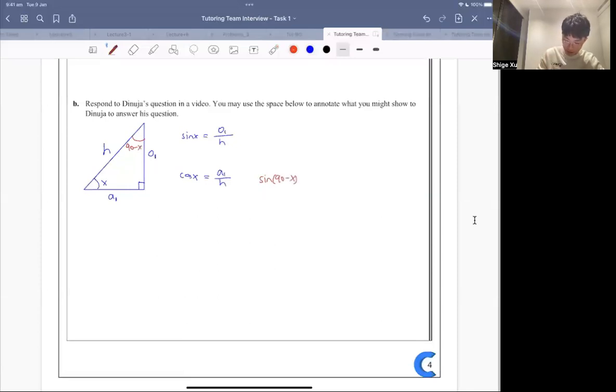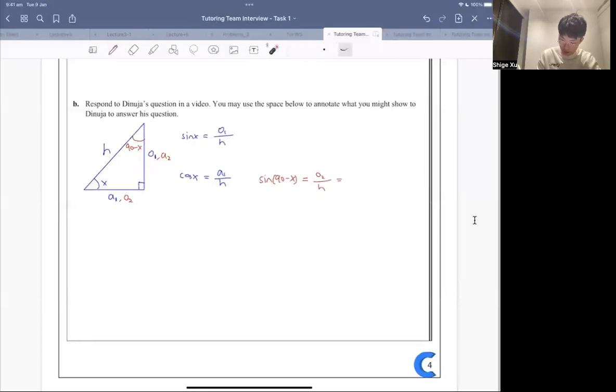Before we do that, let's first define the opposite and adjacent sides for this angle. Referring to this angle 90 minus x, its opposite side is this one. Let's call that O2. Adjacent side then is this one, let's call it A2. So we have two sides, O2 and A2. So sine of 90 minus x, we all know, is opposite over hypotenuse, which is O2 divided by h.